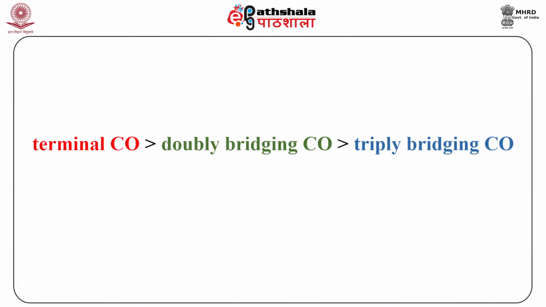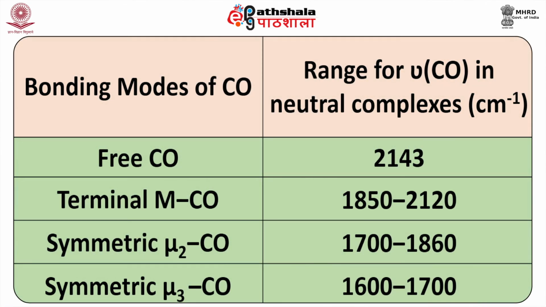Generally, the IR stretching frequency of the carbonyl ligands depends on the bonding modes. Terminal CO is the greatest, then the doubly bridging CO and then the triply bridging CO. You can see from the table that the various bonding modes of carbonyl have different stretching frequencies.